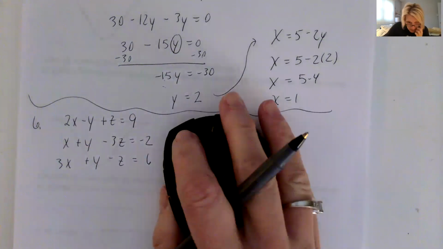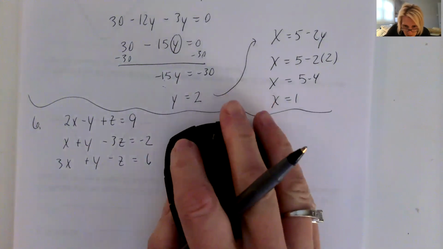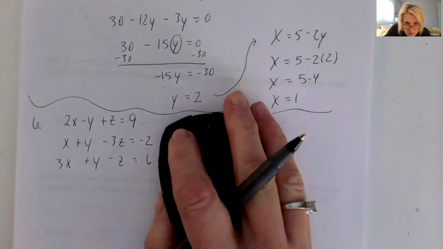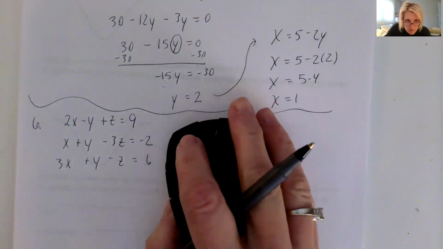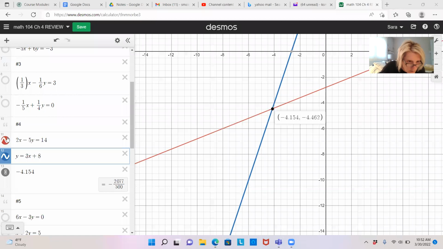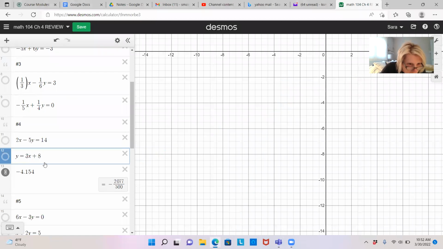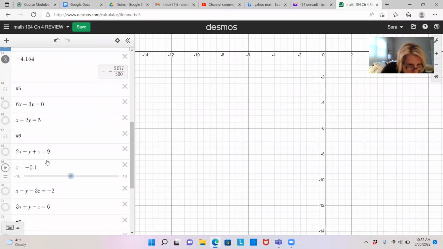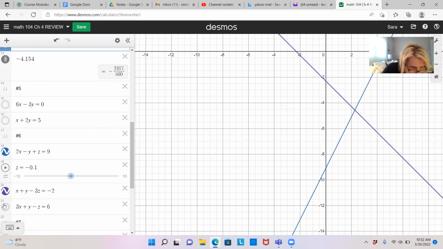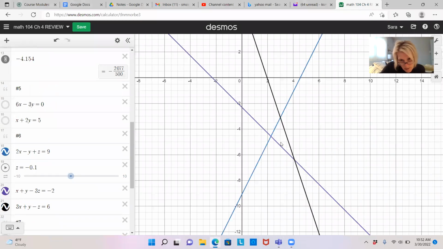Now, before we do that, let's just go to Desmos and check out what our answer should be. So these are a little bit different because there's 3 of them. So let's go down here. This is number 6. So I'm turning on number 6. And so you can see in the picture that the 3 lines are not meeting right now.